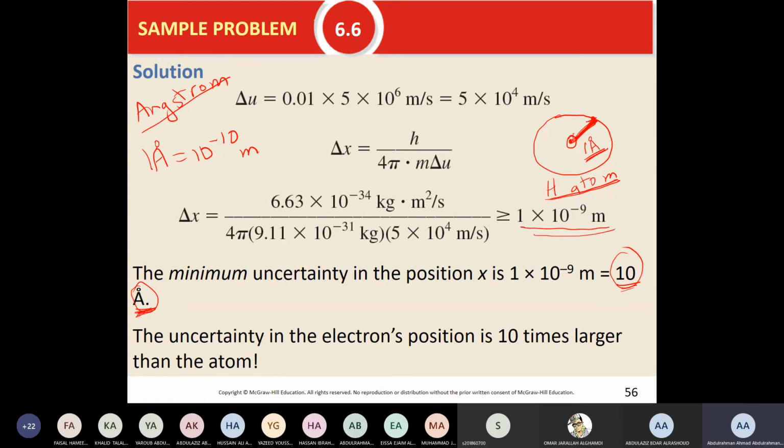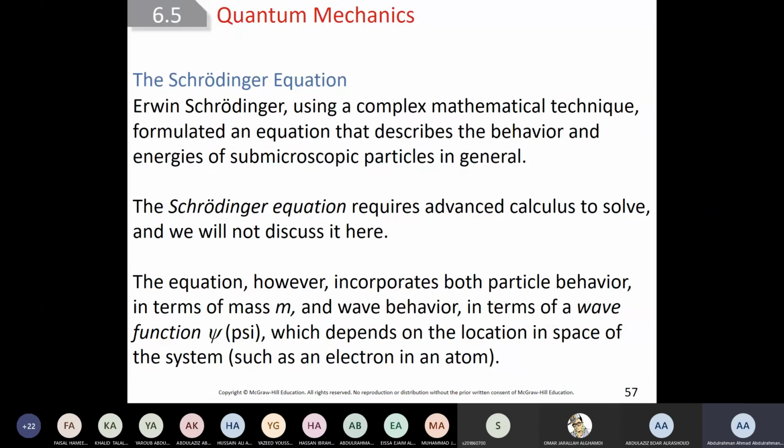That's why the uncertainty in electron position is 10 times bigger than the atom itself. So we have big error in all measurements when we go with this equation. That's what the uncertainty principle is, to measure the error in these measurements.